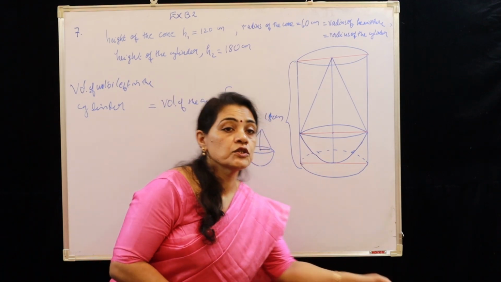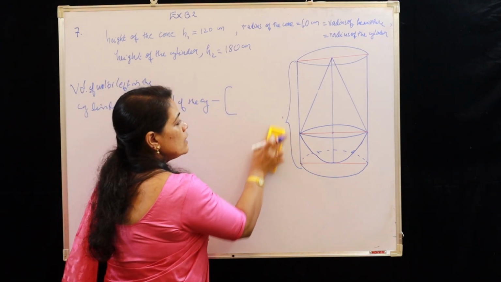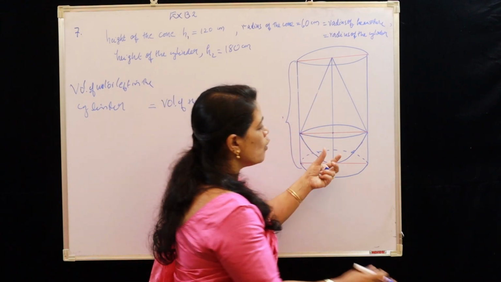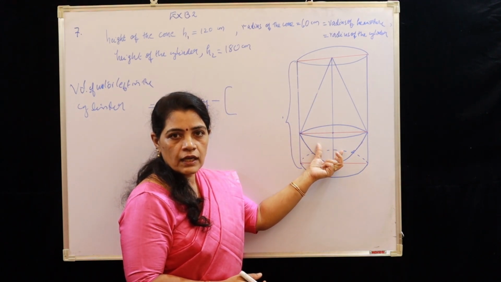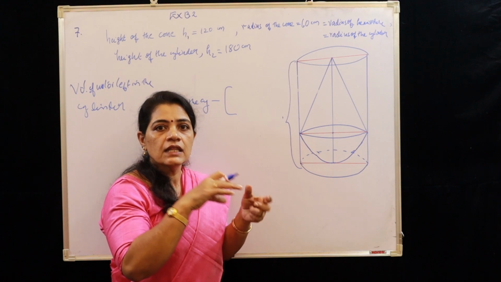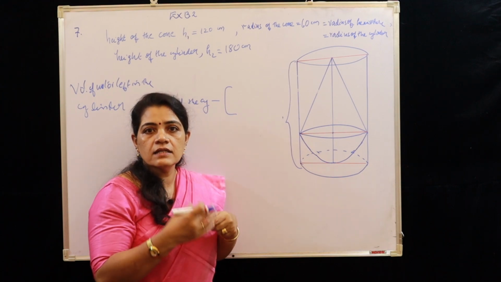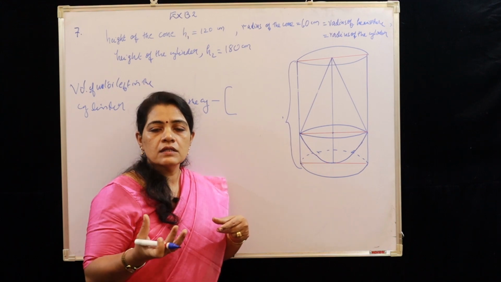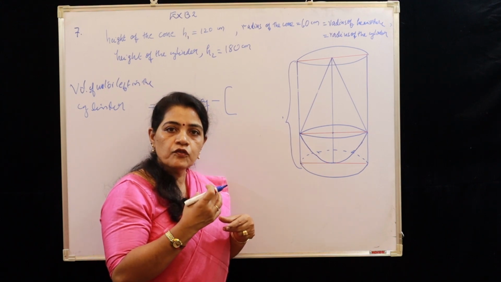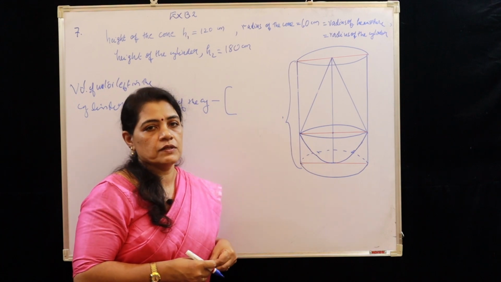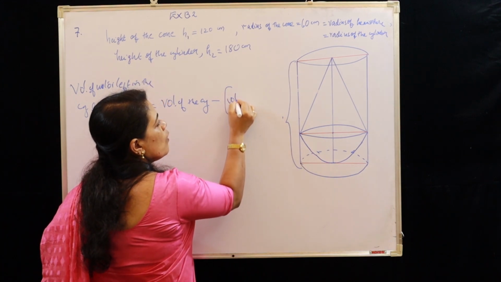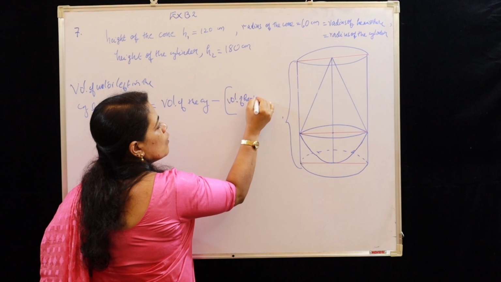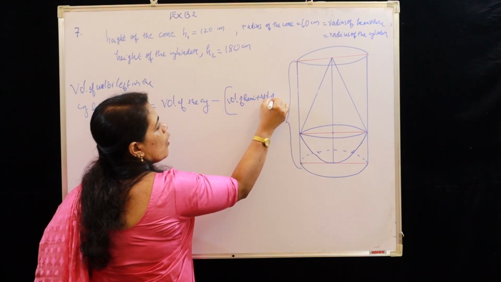That means we have to add the volume of the cone with the volume of the hemisphere. This is the shape of the object that we placed inside the right circular cylinder, so it takes space from the cylinder. So we have to find out the volume of these two shapes. So, volume of hemisphere plus volume of cone.